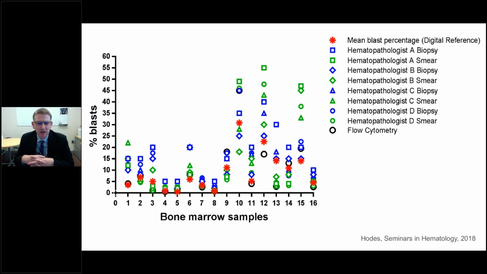I wasn't an author on this paper, but I believe these are my patients, where they asked pathologists to independently score the results of smears and biopsy samples from patients with AML. As you can see, this is a surprisingly large range between pathologists, and this is essentially the gold standard we're working with prior to the introduction of MRD.